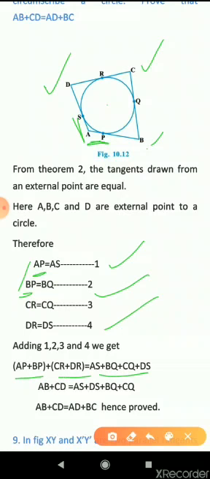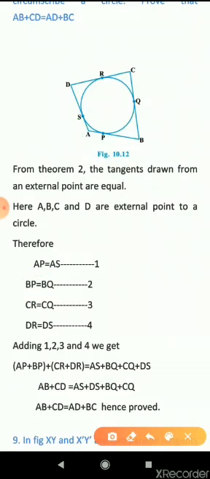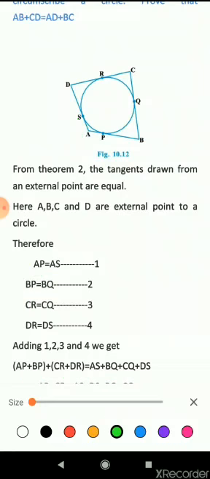But in the next step, I interchanged. Observe AP plus BP. Where is AP plus BP? This is AP, this is BP. If you add AP plus BP, you will get AB.